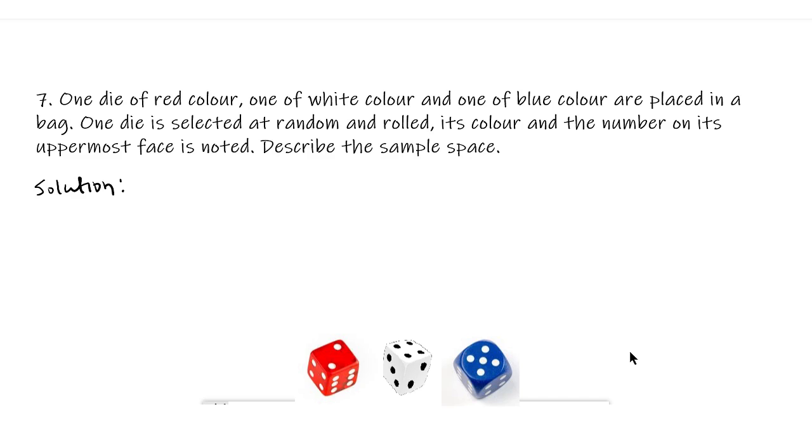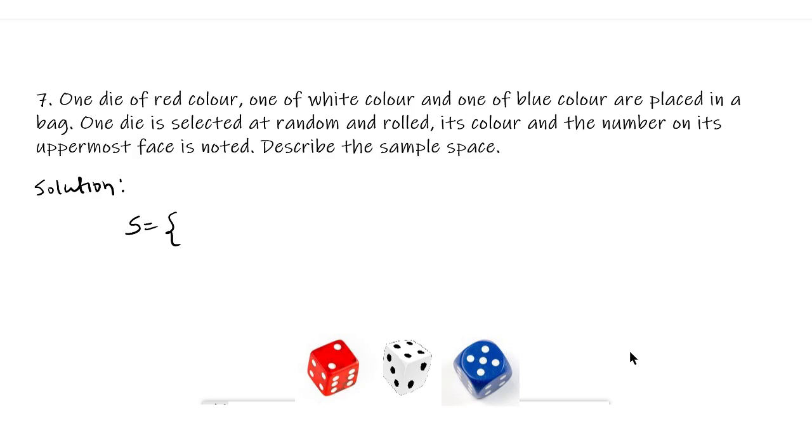There are 3 dice: red, white, and blue. We denote them by red by R, white by W, and blue by B. And when it is rolled, the outcomes are 1, 2, 3, 4, 5, 6. These are the 6 outcomes, and we note the sample space like this.